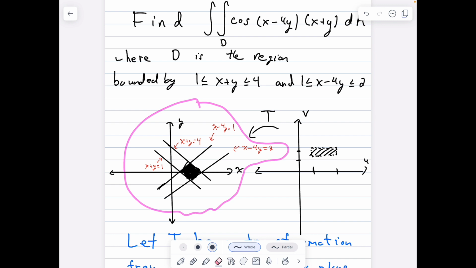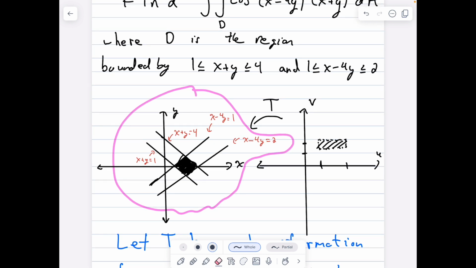What I'd like to do is use this idea, which is perhaps we can work with a simpler region and a simpler integrand to find the value of this integral. And the way to do that is via what's called a linear transformation. I won't get into the specifics, but the idea is this.